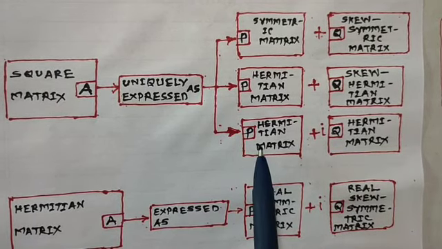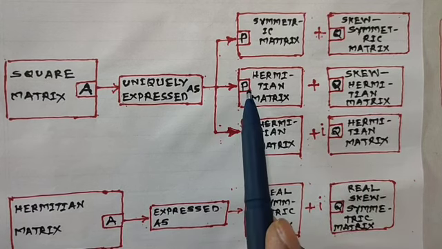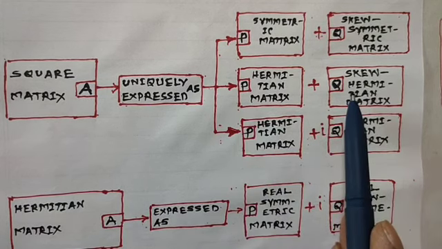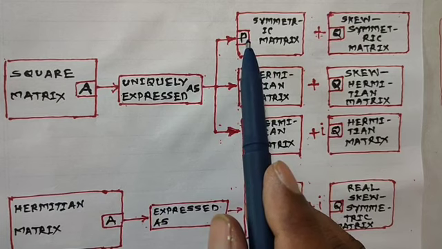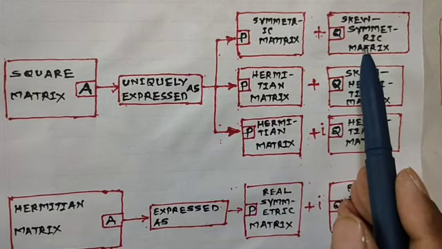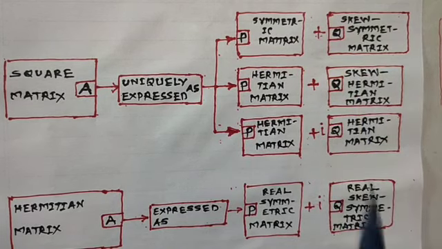Here P and Q both are Hermitian matrices. In the second case, P is Hermitian, Q is skew Hermitian. In the first case, P is a symmetric matrix and Q is a skew symmetric matrix. These three properties we have to prove in the next lecture.